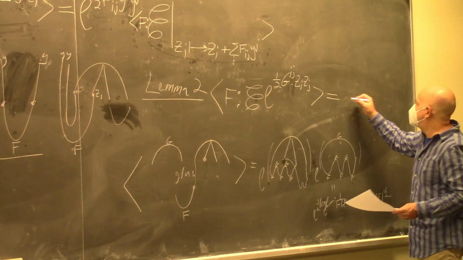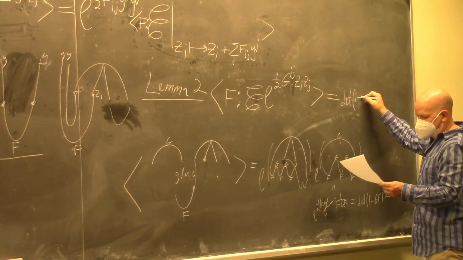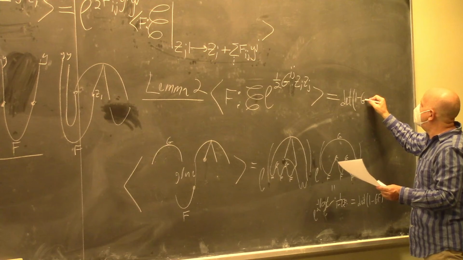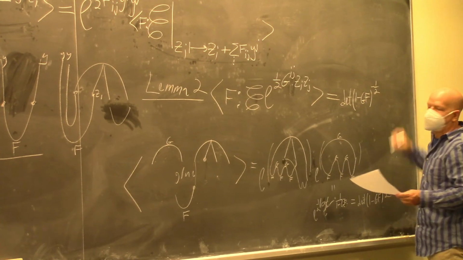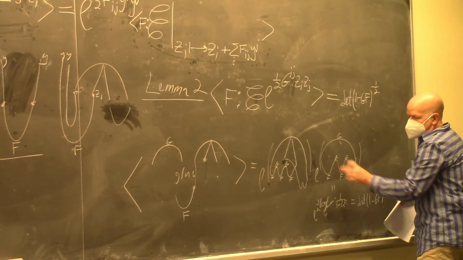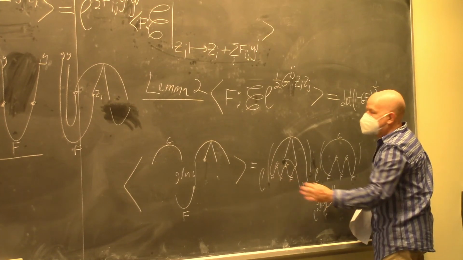So here we will get the determinant of 1 minus GF to the power negative 1/2 times, so this is this contribution. These are the closed loops. And what is this contribution?